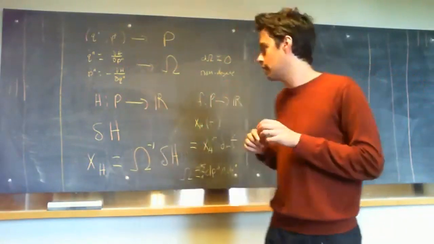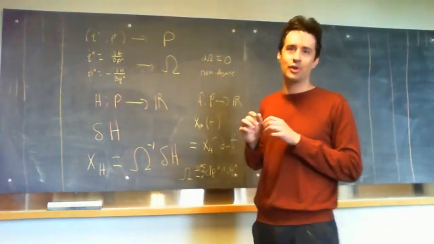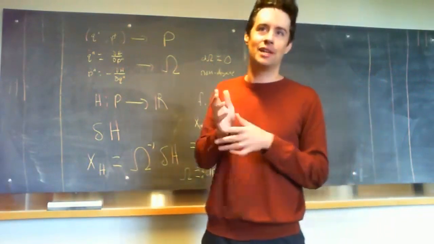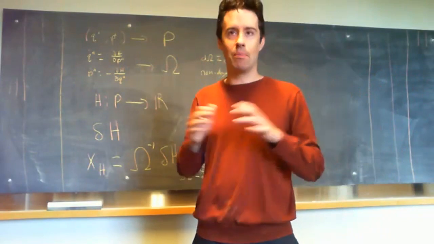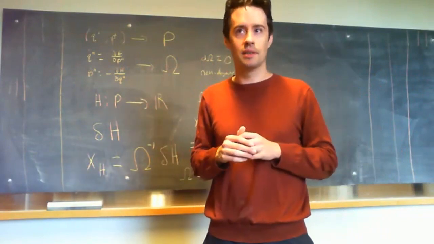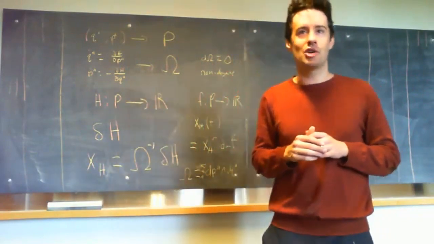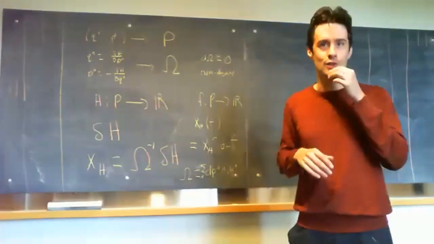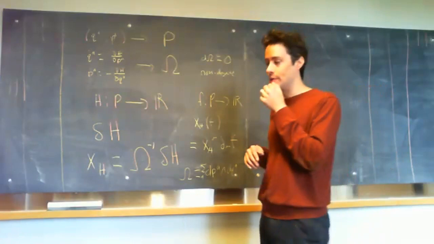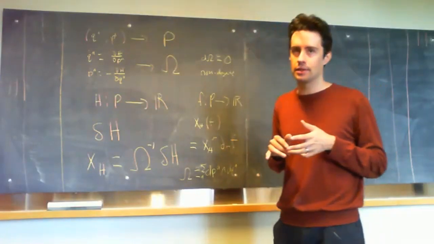For example, if we have a single particle, then we have Q and P, or Q and Q dot at time t equals 0, and that parameterizes the phase space. But that's still not very covariant, right? Because we had to pick this time slice that we're going to use, and then we use the initial data on that time slice.